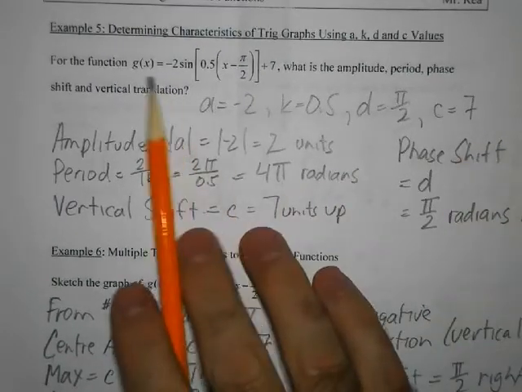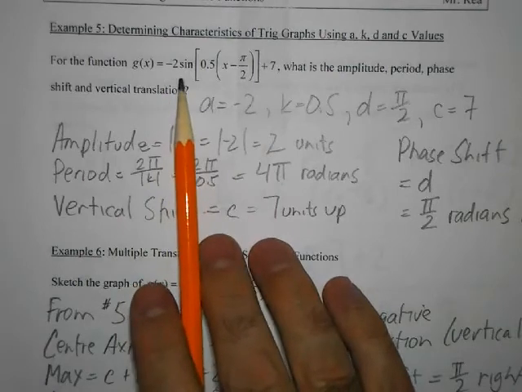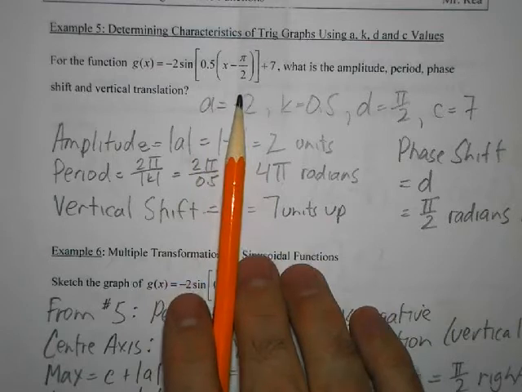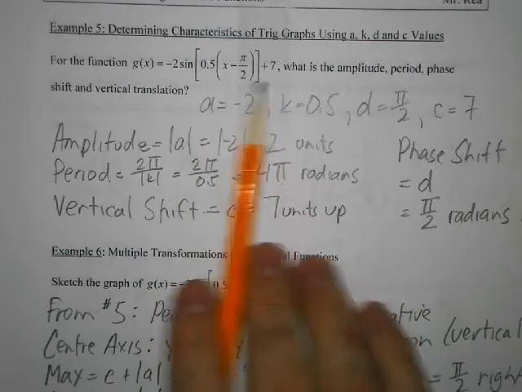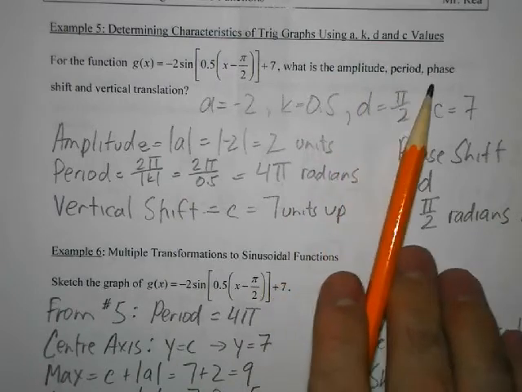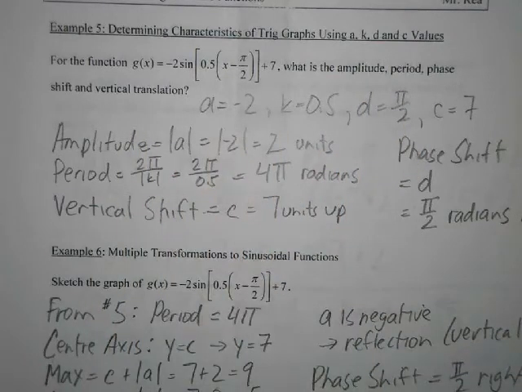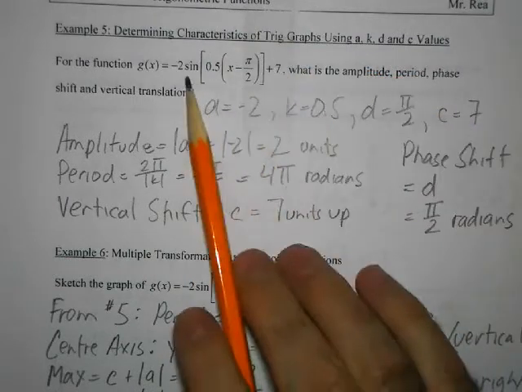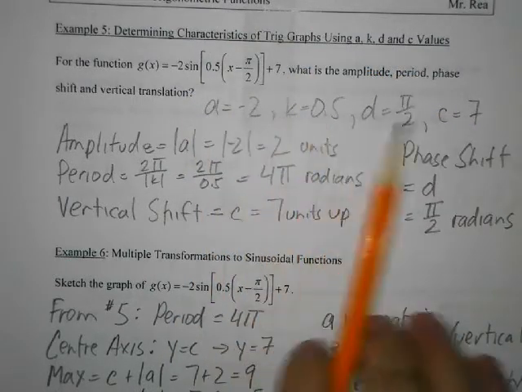Okay, so here's an equation, g of x equals -2 sine 0.5 bracket x minus pi by 2, plus 7. So this part is only asking what's the amplitude, the period, the phase shift, and the vertical translation. The first thing I always do, highly recommend, is pull out the values of a, k, d, and c.